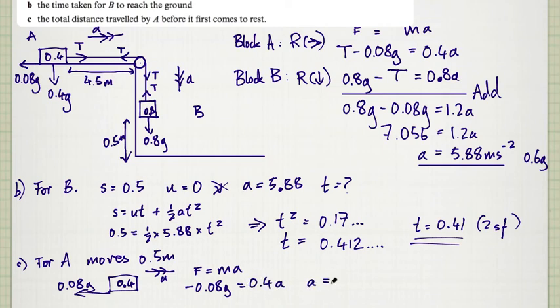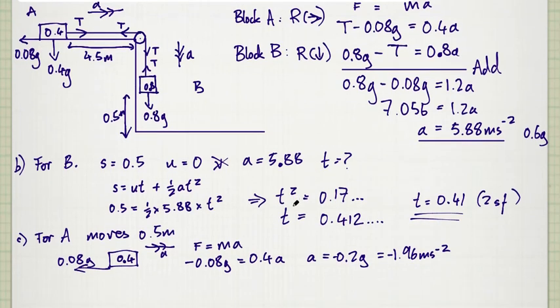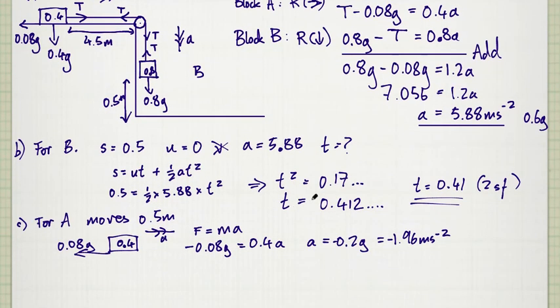That means that a equals minus 0.2 g, which is 1.96 meters per second squared. There should be a minus in there because its acceleration is actually backwards now. It's decelerating.